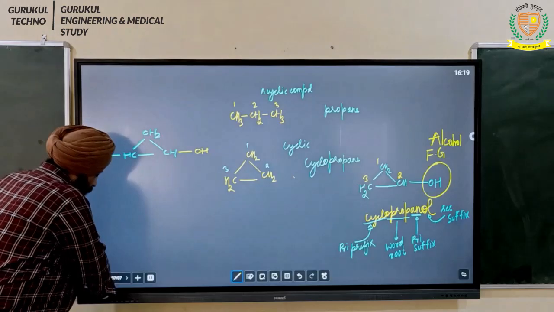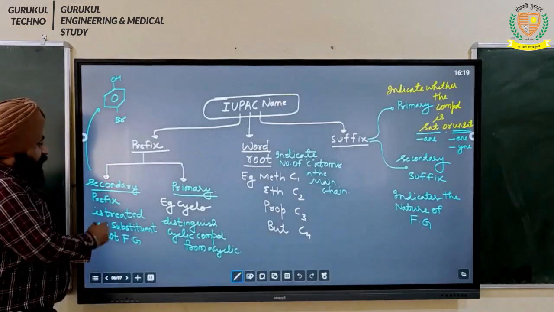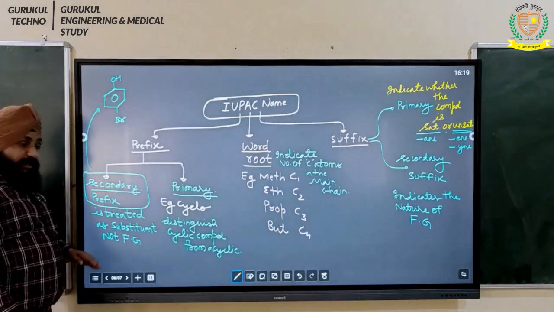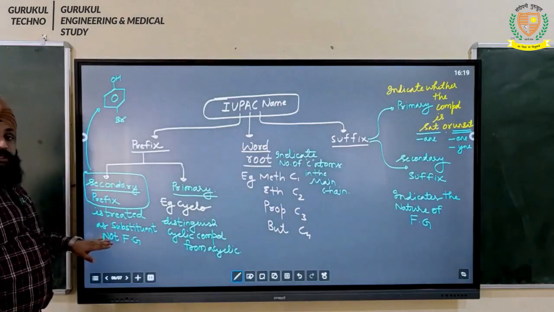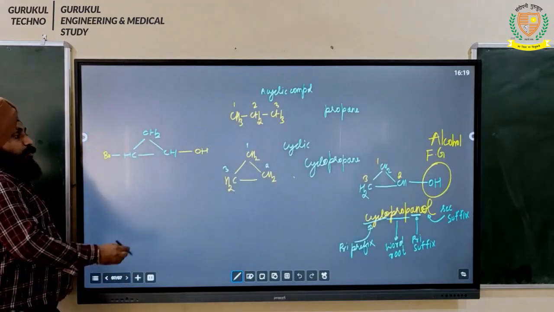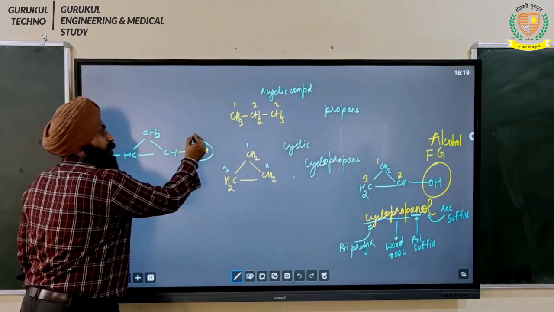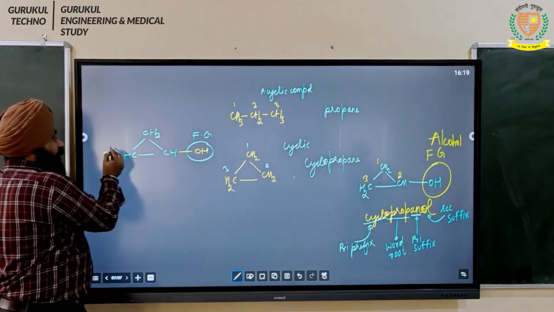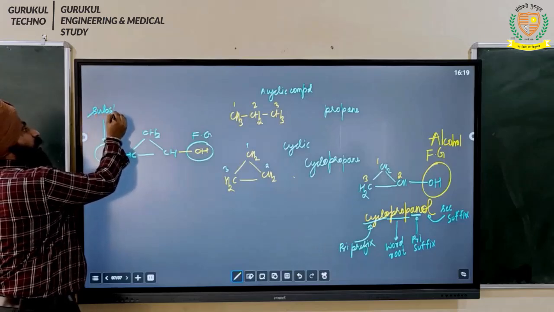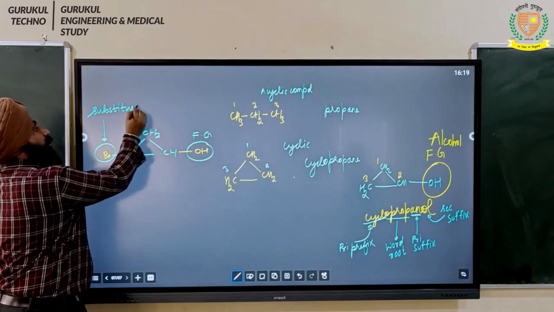Now one more thing I'll be using over here, which is my secondary prefix. Secondary prefix is treated as a substituent, not a functional group. See, here the functional group is OH. This is not a functional group. It is a substituent over here.